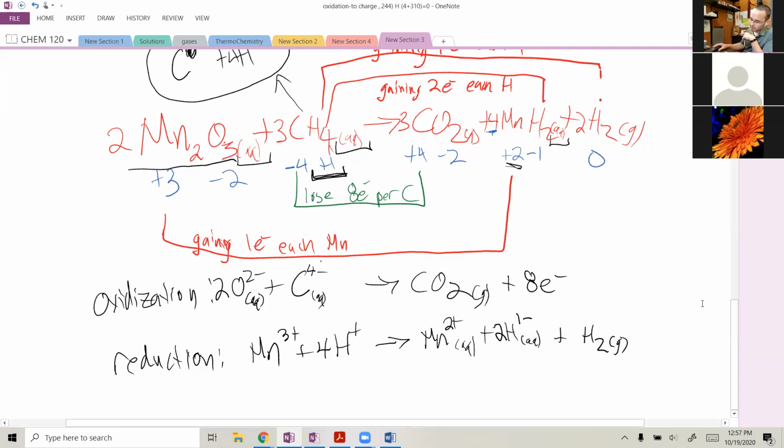So are those electrons going to be products or are they going to be reactants? They'd have to be reactants, right? Because we need to add them in. So for the Mn, how many electrons does it need to go from Mn3+ to Mn2+? Just 1. So that's 1 electron there.